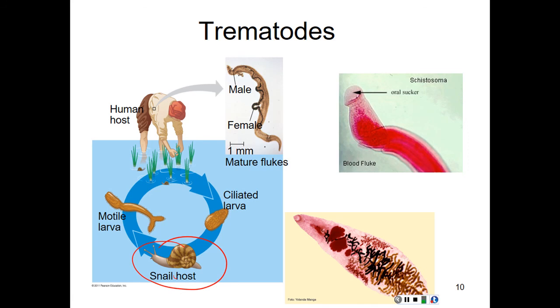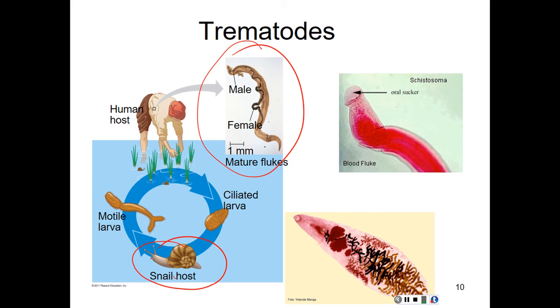And in the human is where the adult version will reside. And it can reside there for many years, actually. Here, you're seeing both a male and a female, so kind of an interesting thing.